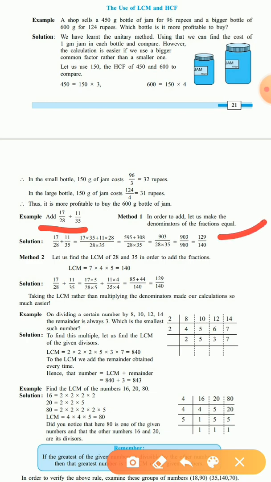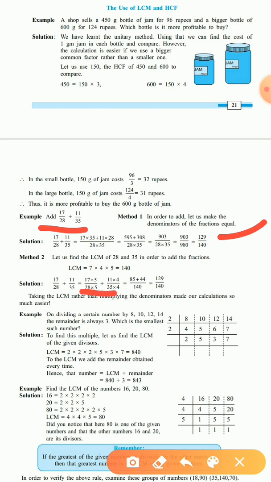Let us find the LCM of 28 and 35 in order to add the fractions. LCM equals 7 into 4 into 5 equals 140. Therefore, the solution is 17 upon 28 plus 11 upon 35, which is 17 into 5 and 28 into 5, plus 11 into 4 and 35 into 4, equals 85 upon 140 plus 44 upon 140.